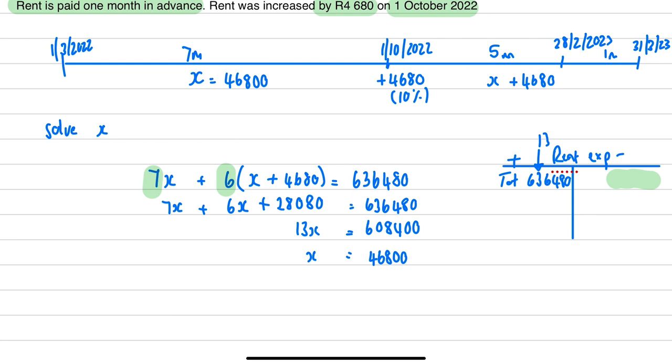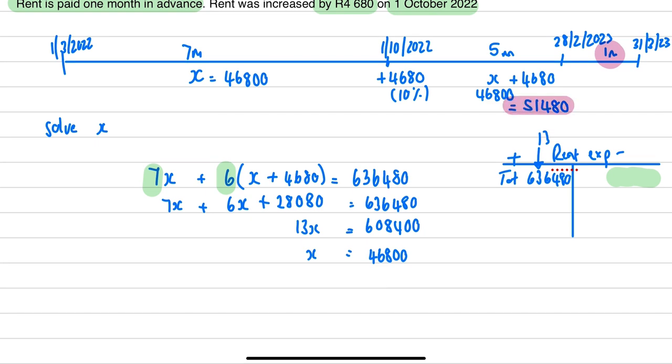If I substitute 46,800 into X's place, the amount after the increase would have been 51,480, and therefore the 1 month that we have paid in advance would be at that price.